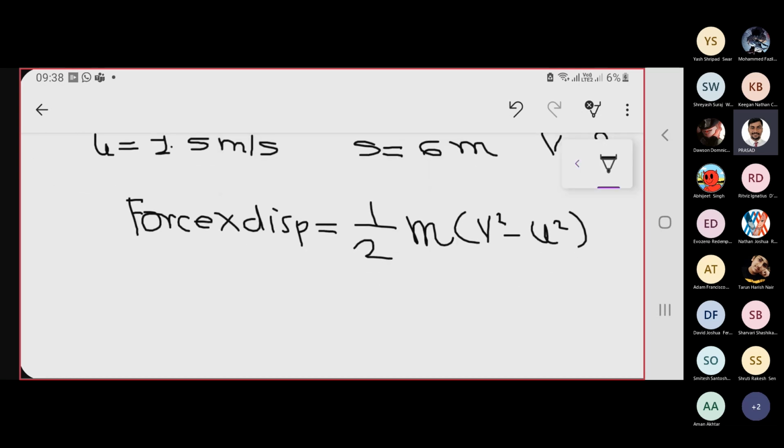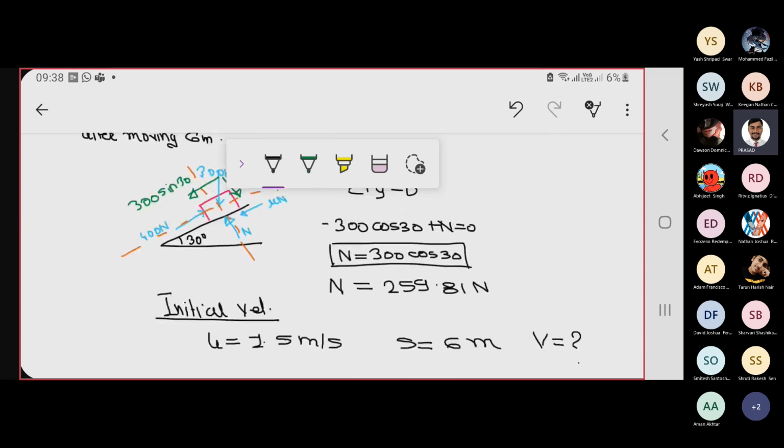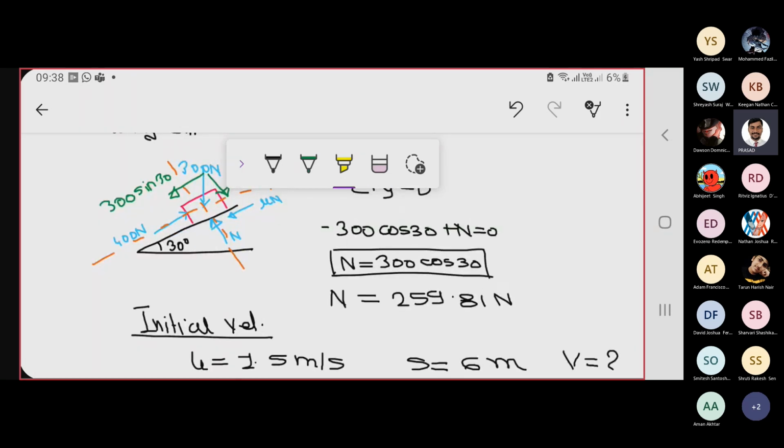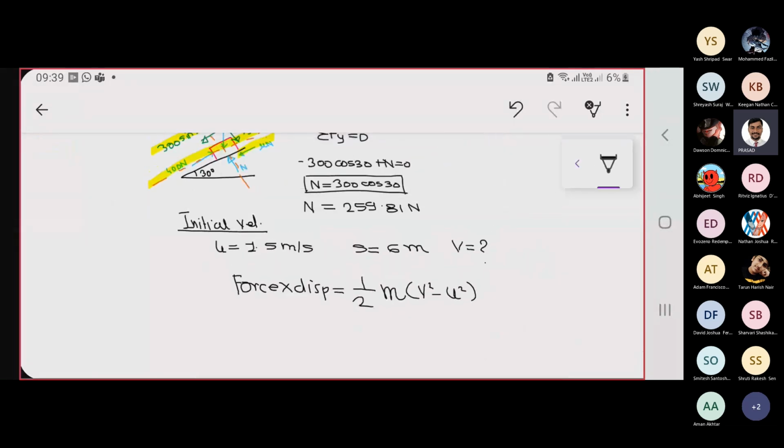Now, what are the forces acting on the body in the x direction? Only x direction forces will be considered, and no y direction forces, because the body is moving in this direction. Other forces will not be considered. Remember, okay?